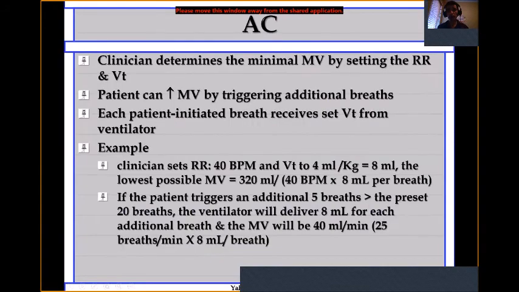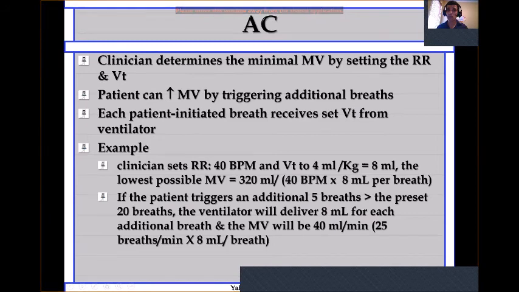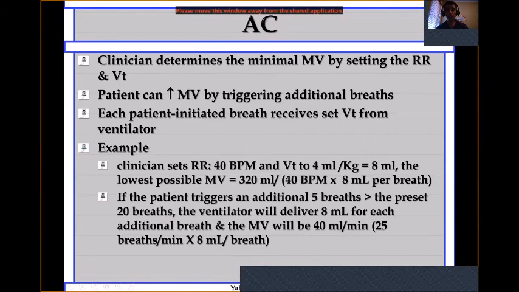In assisted control, the clinician sets the minimal minute ventilation by setting appropriate respiratory rate and tidal volume, but the patient can help. When the patient triggers extra, the machine will give it. So in assisted control, you will see the mandatory and the assisted, but you will never see a spontaneous. So the machine will not exhaust the patient.